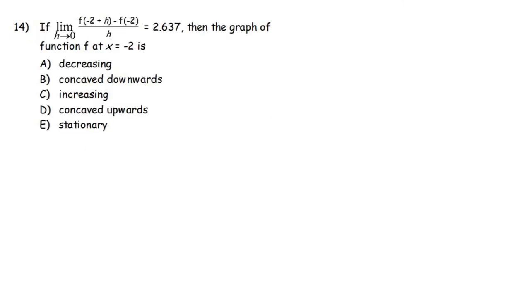Right. So now number 14, oh no, it's a limit definition, isn't it? So let's see, what can we say about the graph of the function f at 2? Notice we talk about increasing. Now concave, that's really a second derivative idea. Now stationary, that would mean that we're not changing. So we don't know what the function is, but we know that when we do the derivative and plug in -2, I get a positive value.